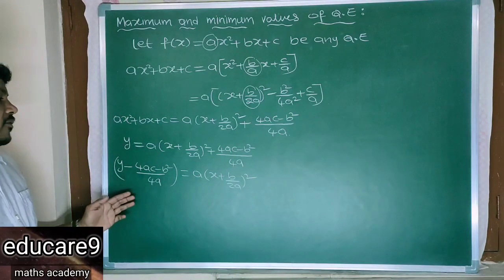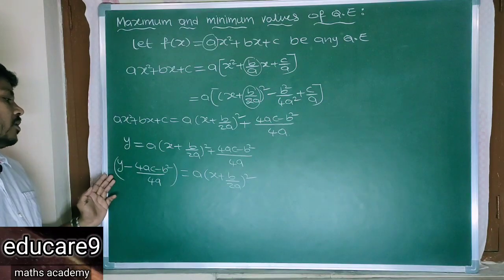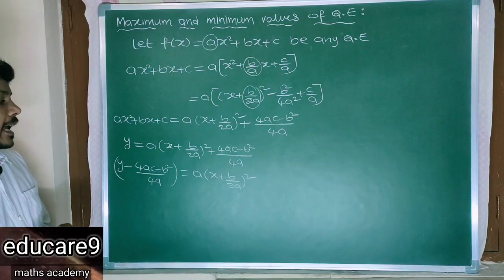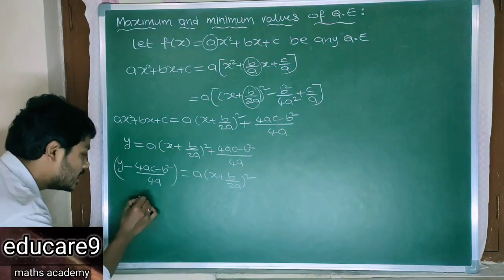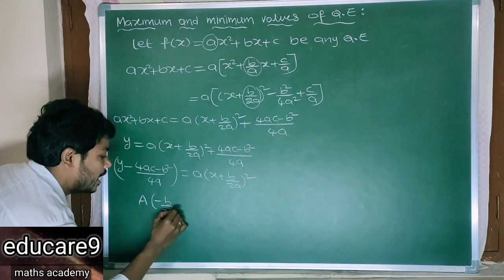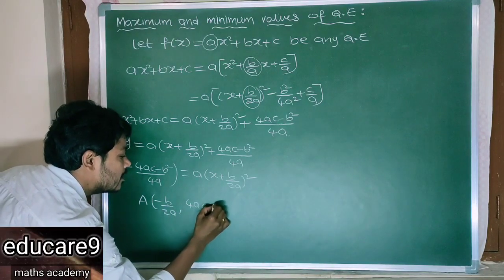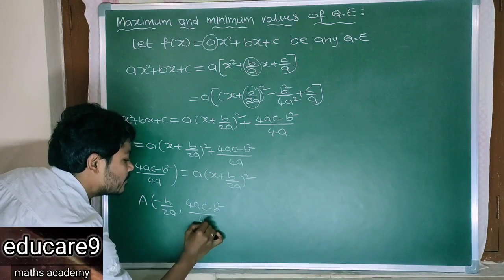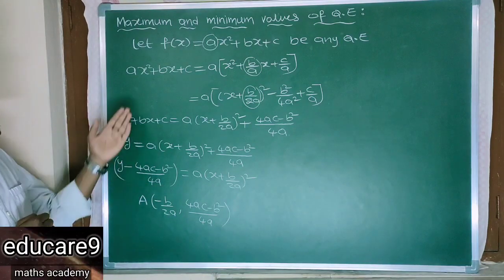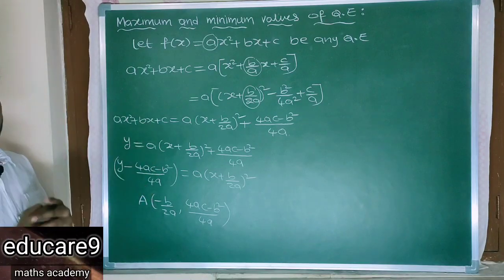Now clearly it is in the form of x square is equal to 4ay. So it represents a parabola whose vertex is minus b by 2a comma 4ac minus b square by 4a. So this is the vertex of the parabola. So our quadratic equation is changed into a parabola equation.